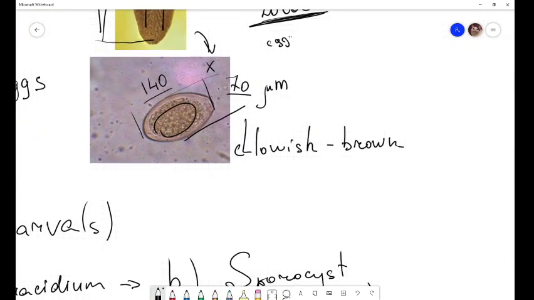This egg has a little cap, and with the help of this cap it opens in water, and this is a miracidium, and this miracidium must go outside to the water and find a water snail.